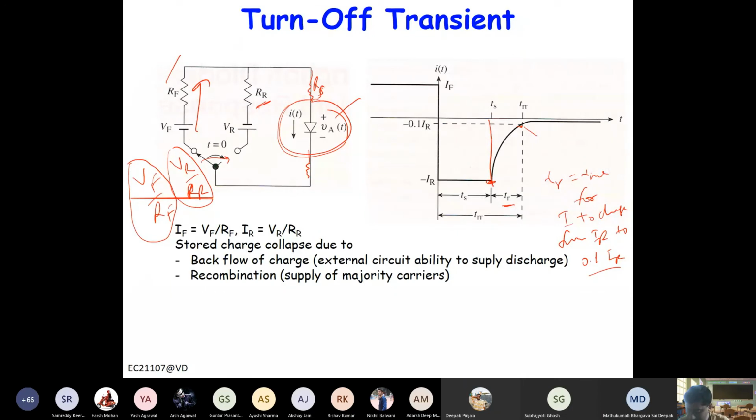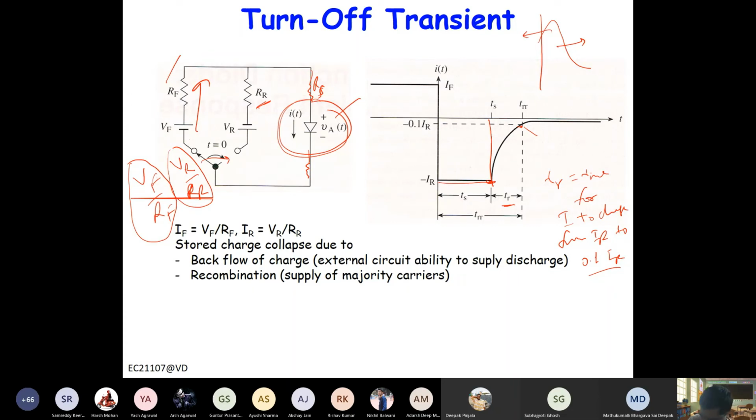And during this storage time, as we discussed earlier, two things are happening, right? Charge is extracted and charge is recombining, right?